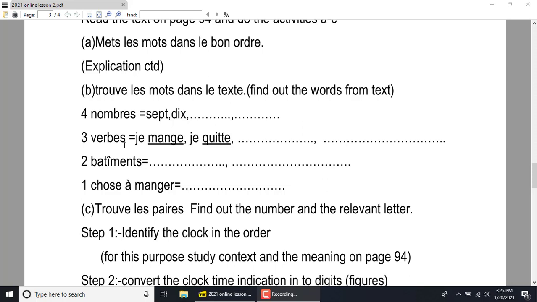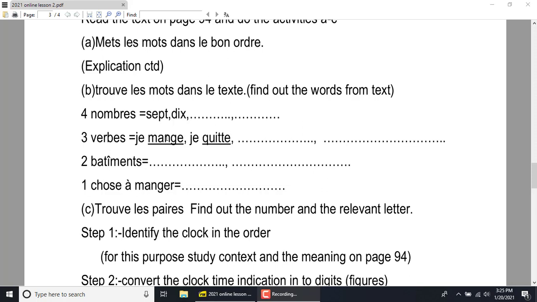Trois verbes, 3 verbs. So when you write the verbs, you can write the subject and the conjugated verb, and underline that conjugated verb. So for example, je prends. P-R-E-N-D-S. You write je prends and underline it. Je quitte. What else?